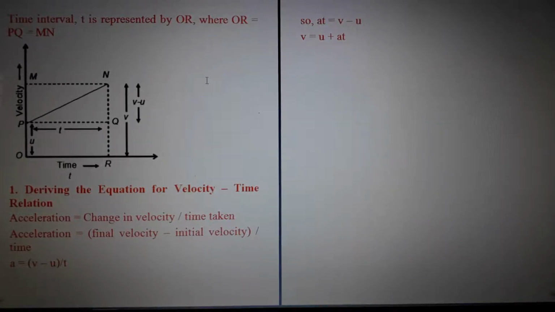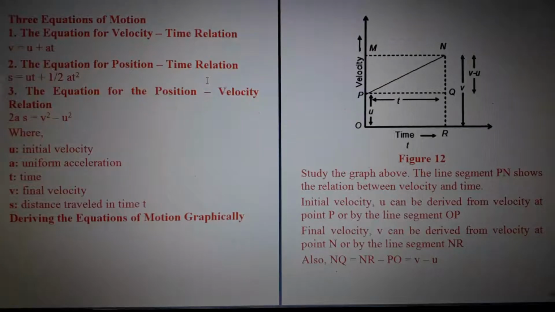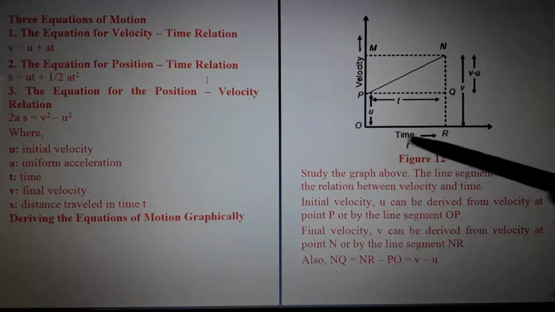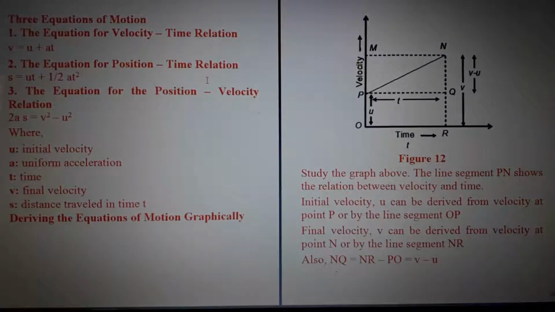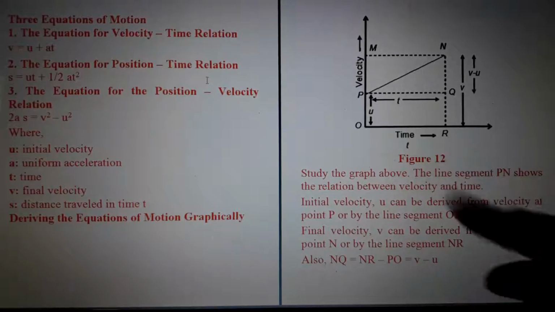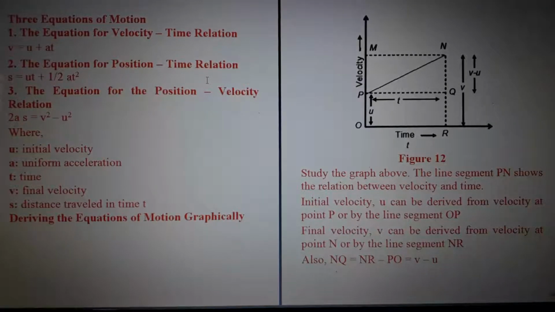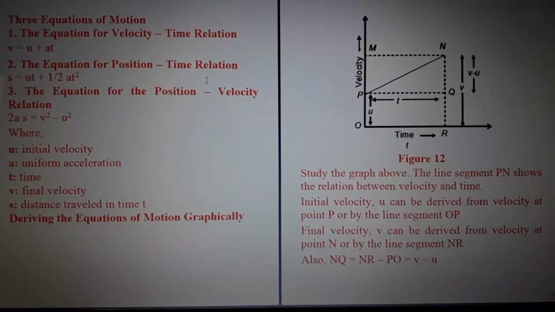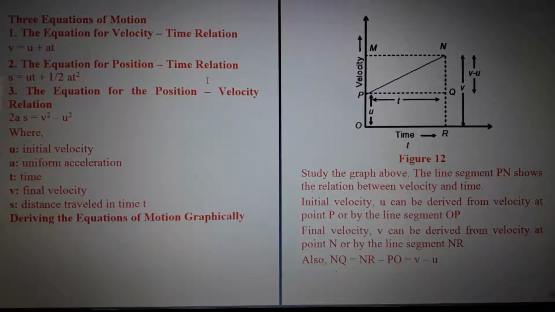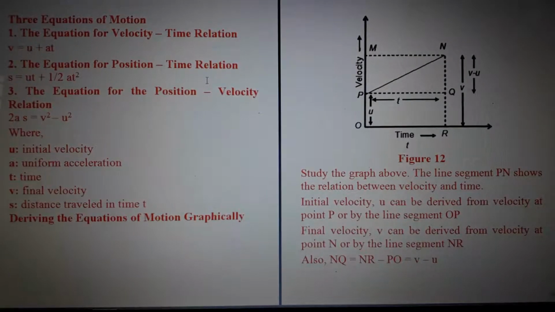Now we have the value of initial velocity, final velocity and time, directly from this graph. Or PQ if you take, that is also fine. MN if you take, that is also fine. All these three line segments give the value of time.